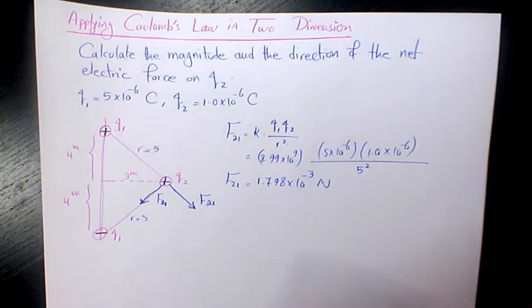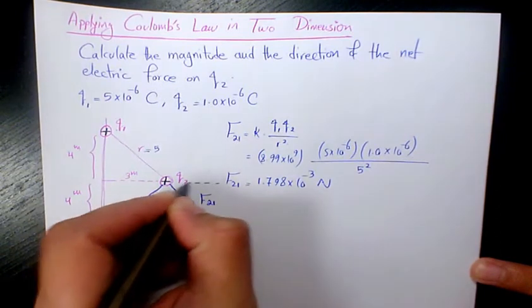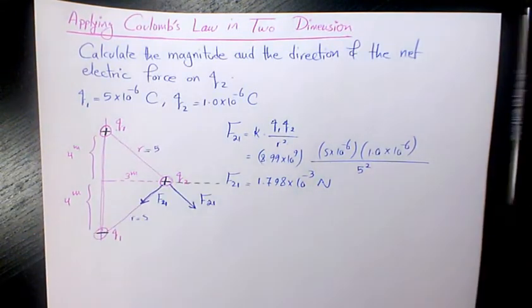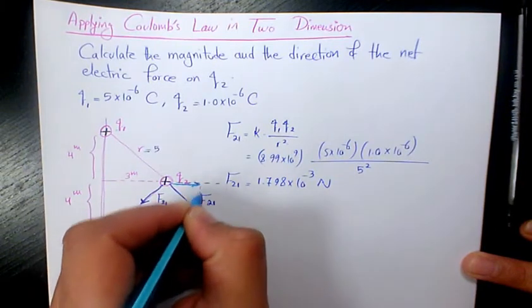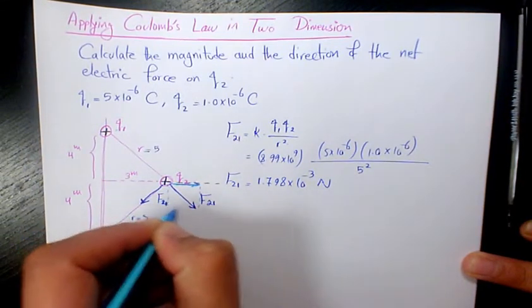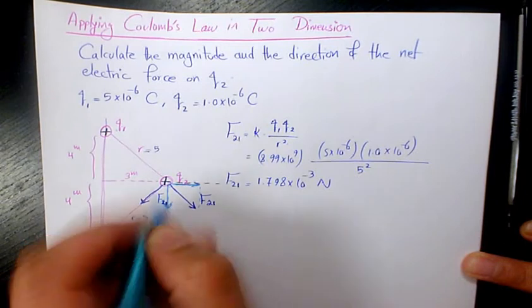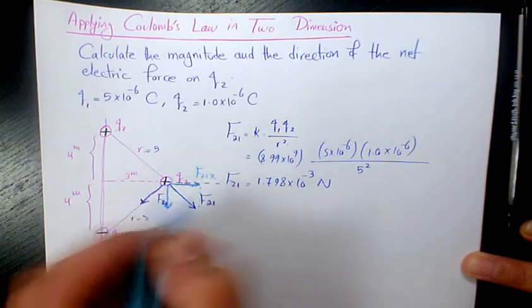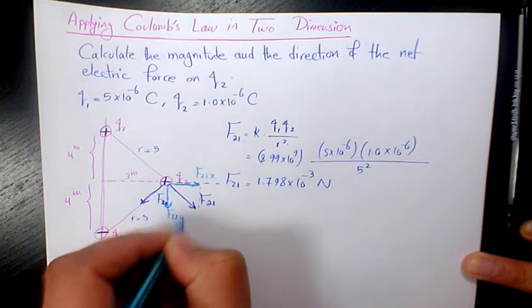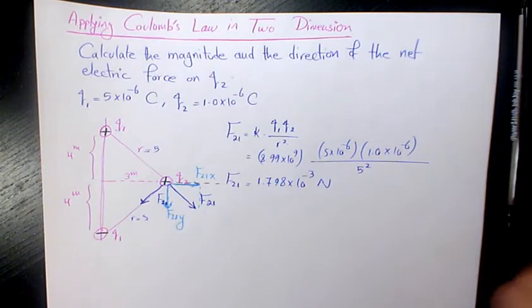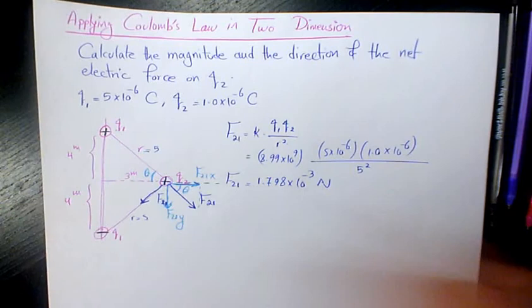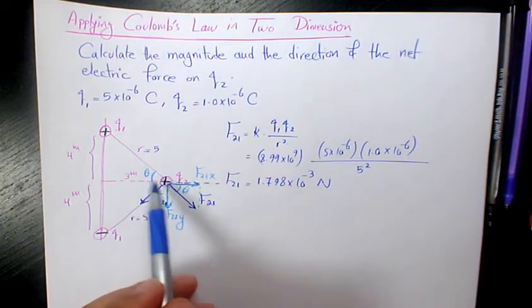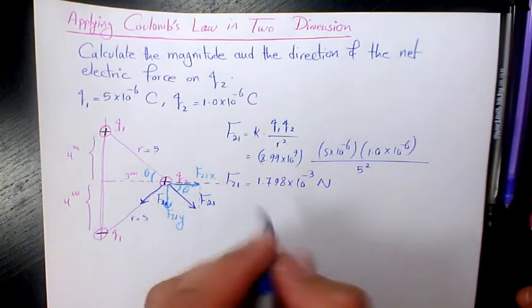How to find out the components here? We have X components and we have Y components. We have F21x and F21y. We have theta, and this one is theta. So how to find theta?